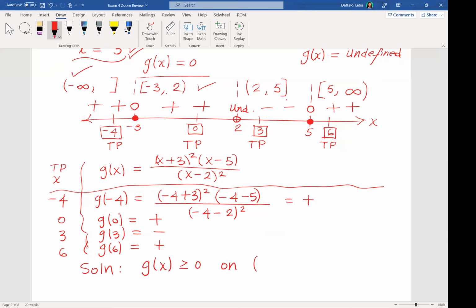Negative infinity, yeah. Oh, that's negative 3. Negative infinity all the way to 2, because all these are positive. And then I'm going to go union with 5 to infinity. And since both of these intervals are positive, I can just combine those two and make it that.